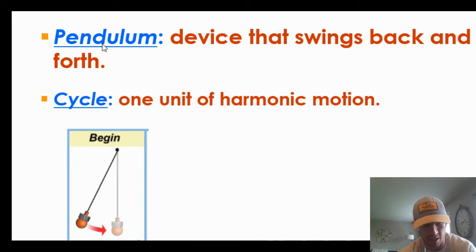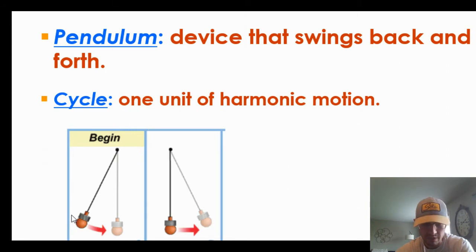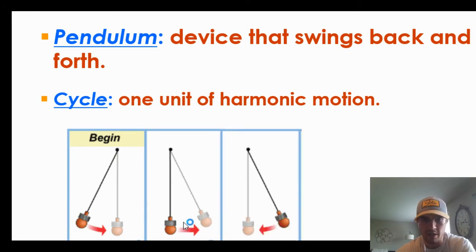If we are talking about a swing or this pendulum, you can see in the picture, we're going to start our pendulum up on this side. As it swings down, it goes to the middle, and it's going to the other side. Now, is that one unit of harmonic motion? Is that one unit where it starts to repeat itself? Not technically, because it has not gotten back to where it started yet. It's gone one way and now it needs to go back to the other side, right?